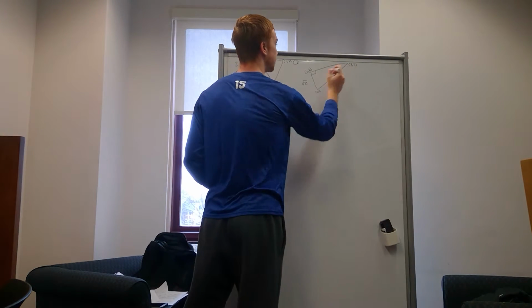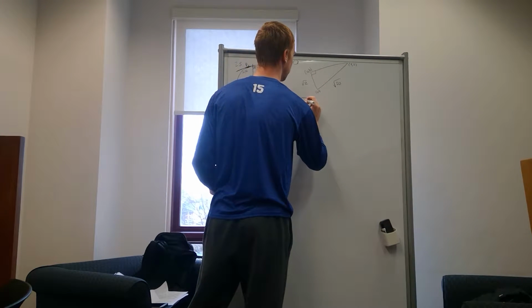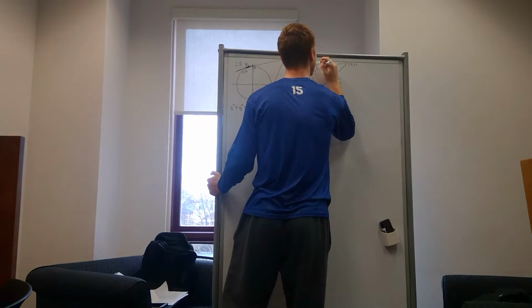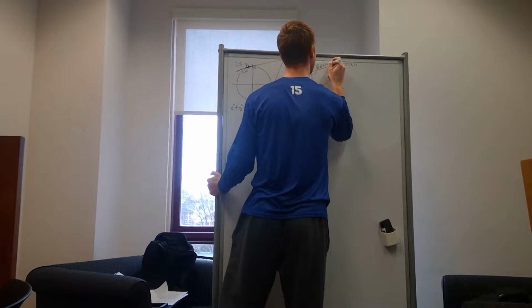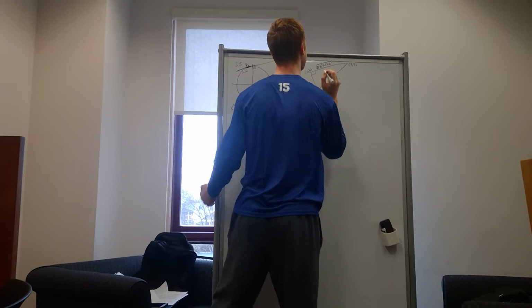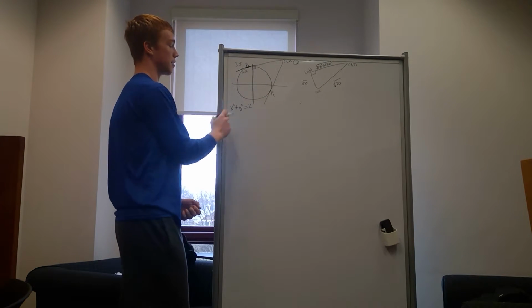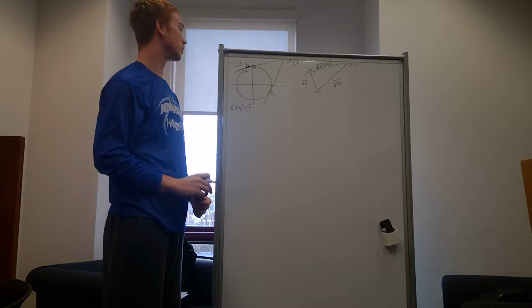So then we have the square root of 2 minus b squared plus 4 minus a squared, that's all under the square root. So now we have to find a. We also have the equation of the circle.